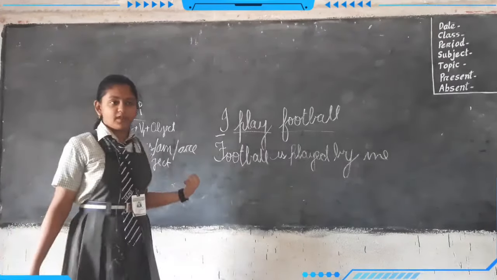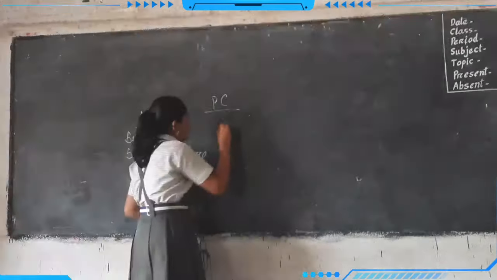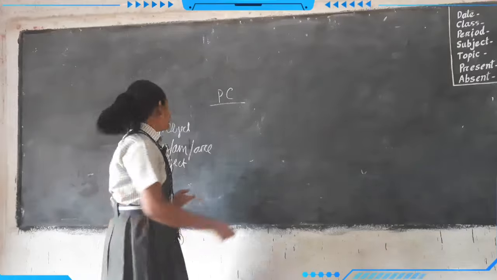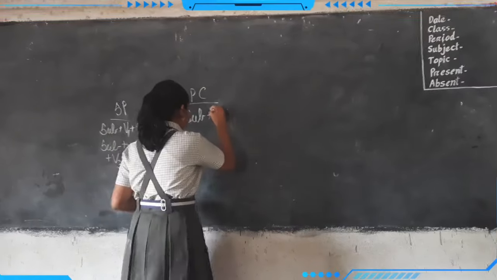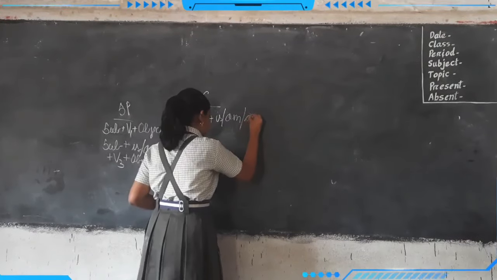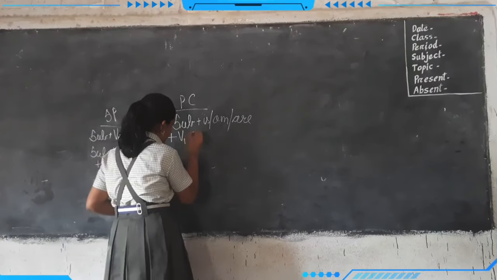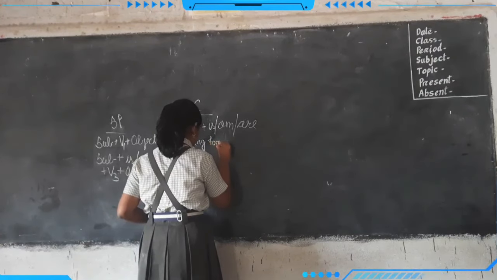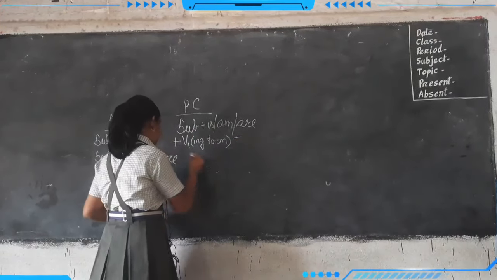And the object. I am writing down all the rules for present continuous and present perfect also. For present continuous, in the active voice, the structure is subject plus is, am, are, plus verb 1 plus ing, plus others, or you can say object.